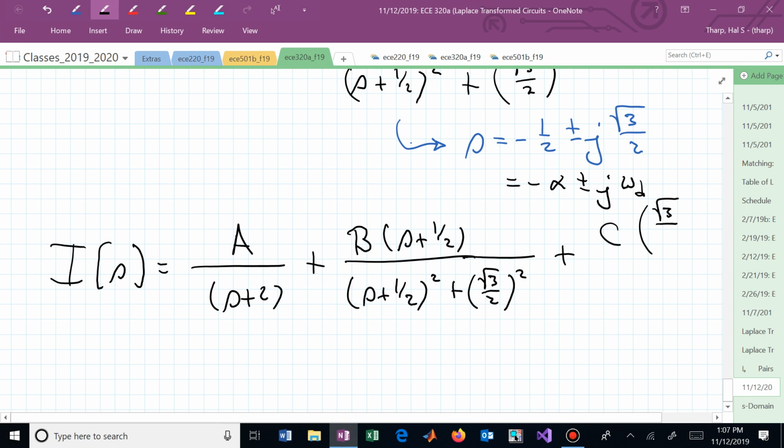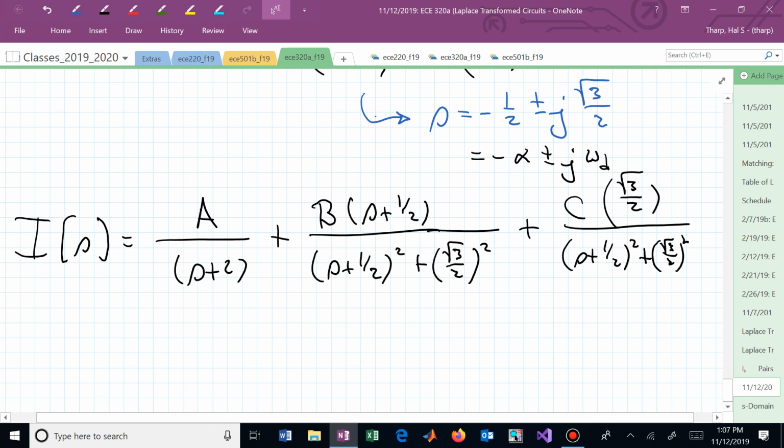Are we okay with that? We need generically to include both of those 2 terms, because if we start exciting this system, we're probably going to have a cosine and a sine piece. They're both shaking at the same frequency, omega sub d, which is the square root of 3 over 2, and they both are exponentially damped with an amount e to the minus 1/2 t.